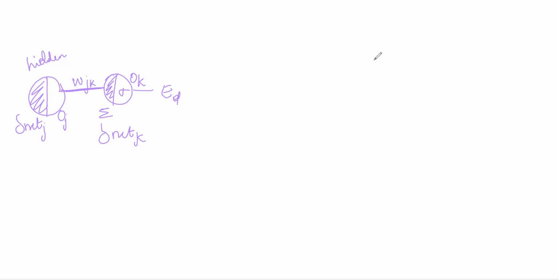Okay, is this diagram clear? Because based on this is what we will be deriving the hidden layer weights. Are you clear about this diagram now?